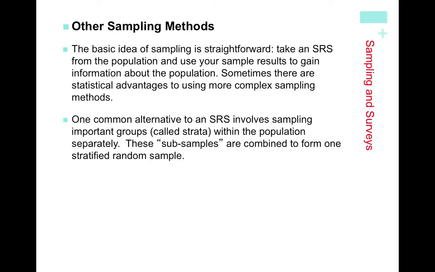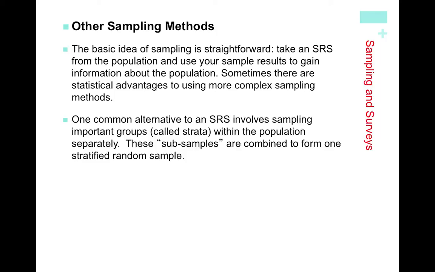Okay, so sometimes there are statistical advantages to using more complex sampling methods. One common alternative to an SRS involves sampling important groups called strata within the population separately. These subsamples are combined to form one stratified random sample. So to select a stratified random sample, you're going to first classify the population into groups of similar individuals. You're going to call those groups strata.